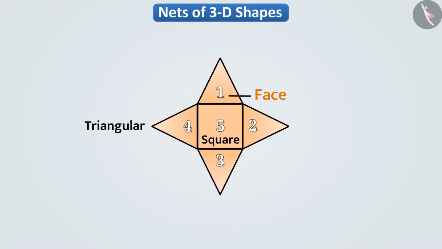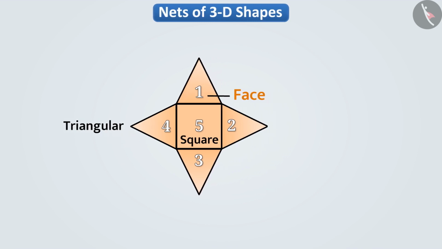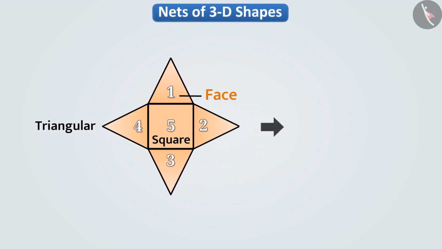Together, we also see that there is a triangle on each side of the square. Now we can imagine that if we fold these faces in this way, then we will definitely get a pyramid. In this way, we can find that the given net is of a pyramid itself.